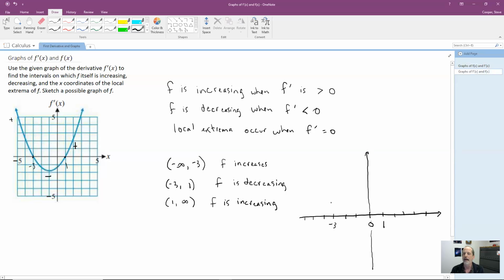And then at -3, we have a slope of 0. So if we're increasing, and then after -3, between -3 and 1, we're decreasing. And then after 1, we're back to increasing again.